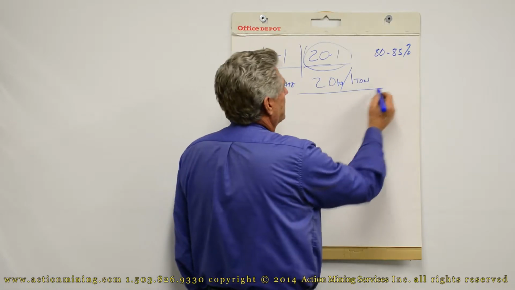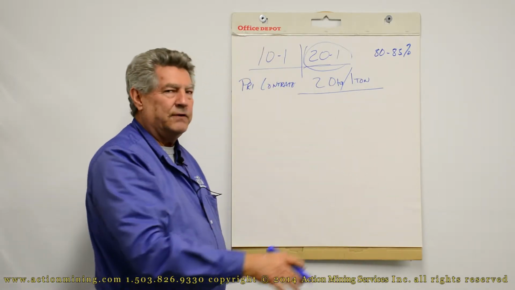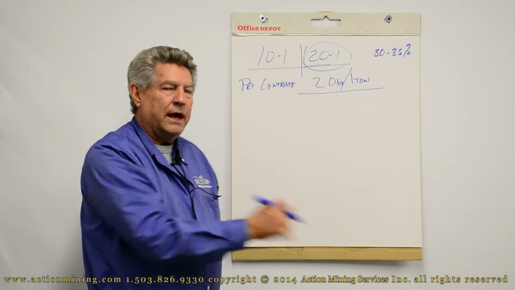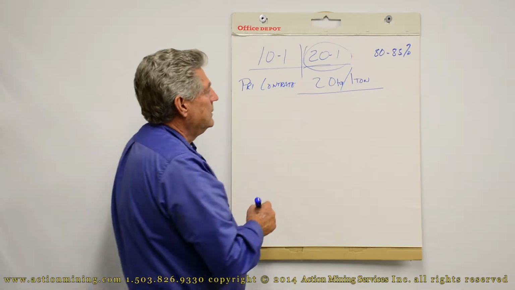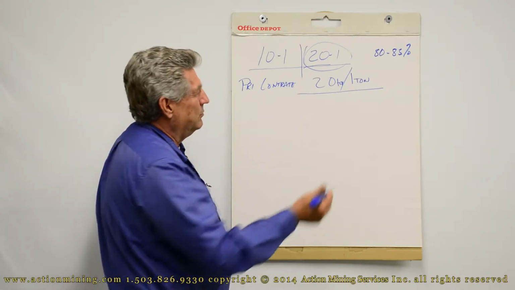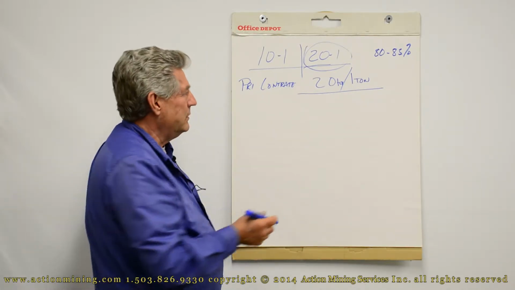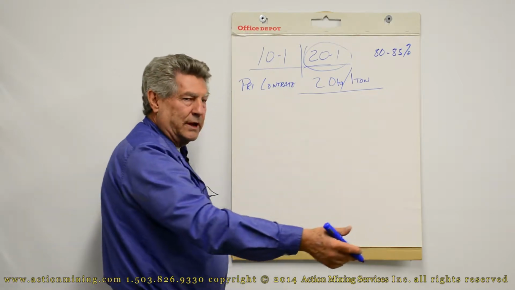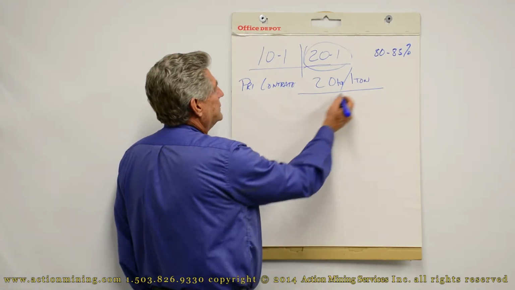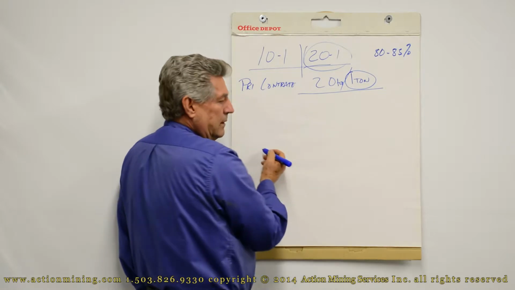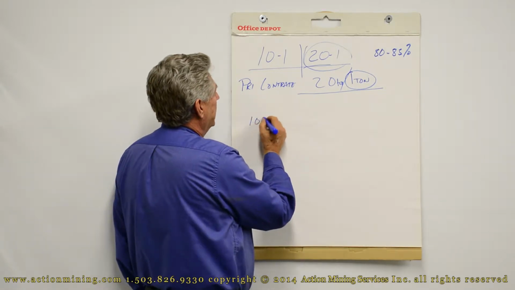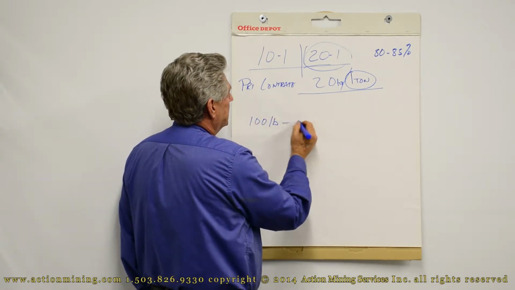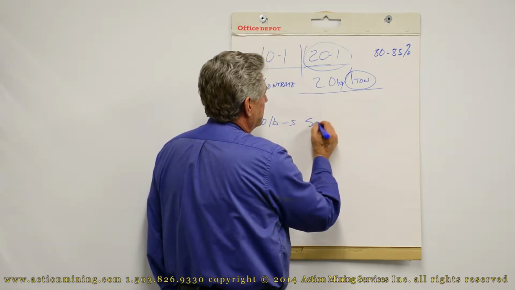Now, with the last figure, I can handle 200 pounds. I may not want to handle 200 pounds if I'm only going to have a ton of material, but I can handle that. So I may take this 1 ton and take it down to 100 pounds. And this is my smelt.